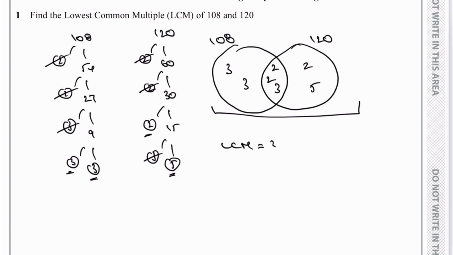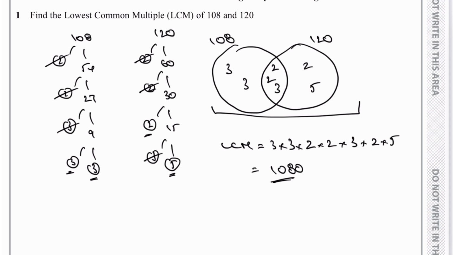I'm just going to write them out as you would see them, not in ascending order. That's 3 times 3 times 2 times 2 times 3 times 2 times 5, and when I multiply all of those together I'm going to get 1080. I'm very aware it's a non-calculator paper, so you will need to do a little bit of work on that, which I haven't done for the purposes of this particular video.